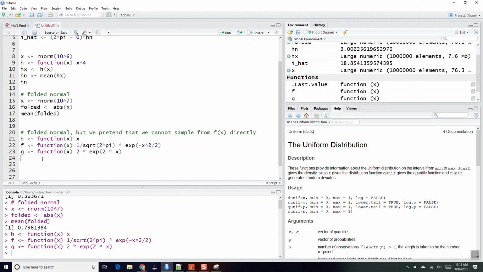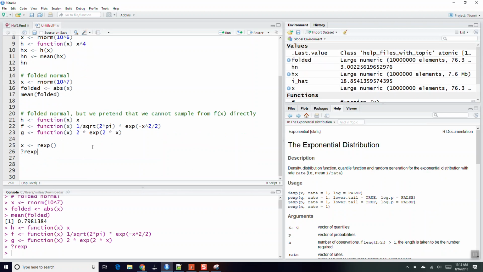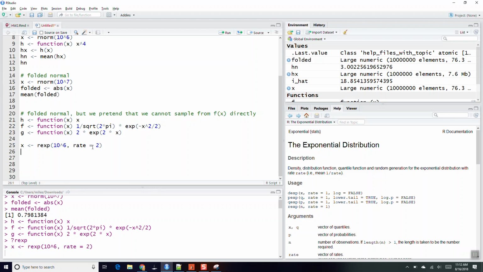Okay, so I mean, here I'm just doing it directly. Okay, so we're going to say x is coming from random exponential. I mean, we could just do a random uniform and apply a log function to it to get random exponentials, but we'll just say, actually, let me look up. Rate is 2. Okay, so we'll ask for 1,000,000 values, and we'll say rate equals 2.